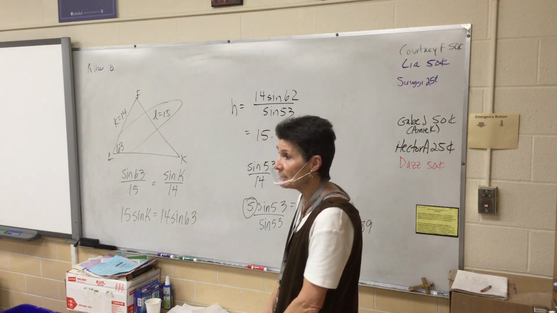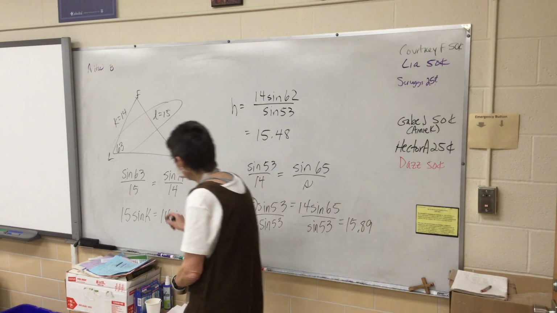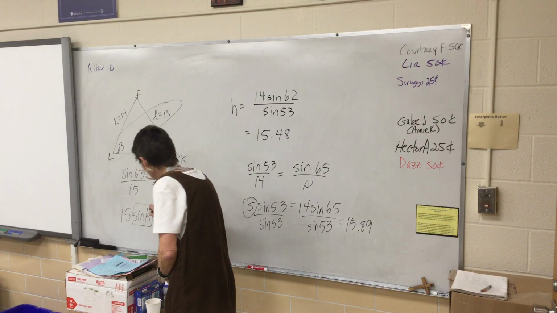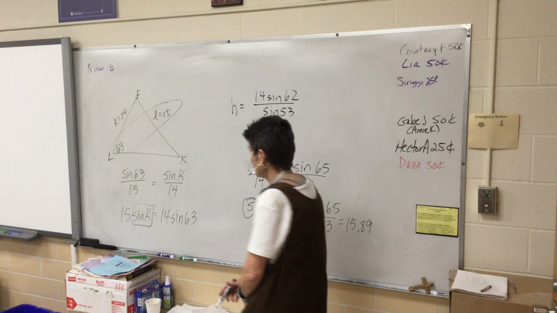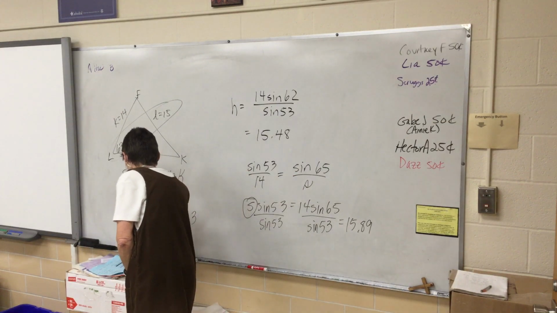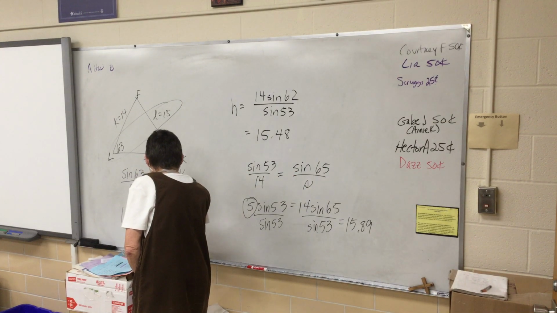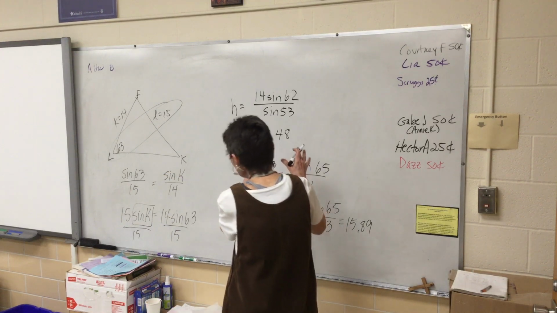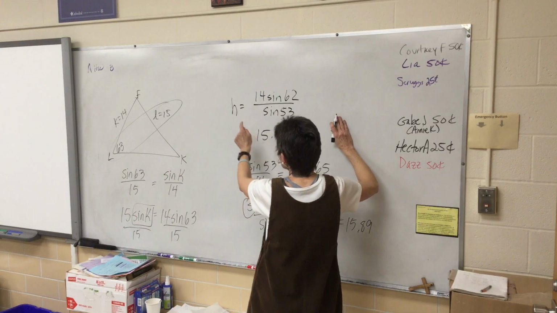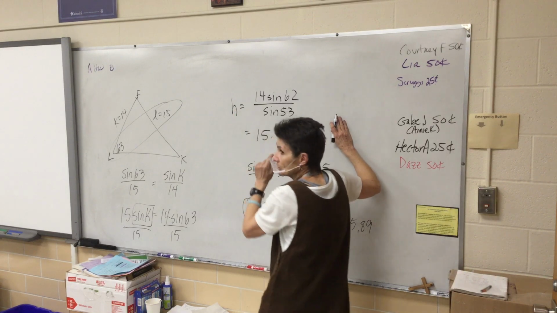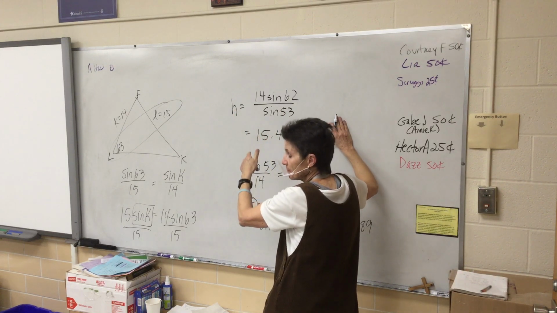Now this time when we divide, pay attention, this is your variable. So what are you dividing by this time? 15. And in the problem we just did, when we got to this point, it said H equals. So we just typed it in.